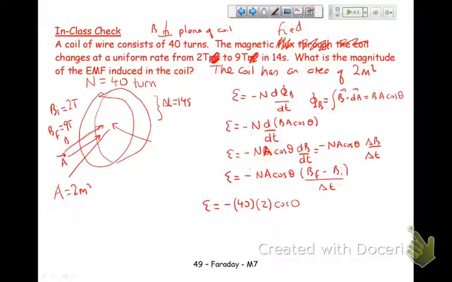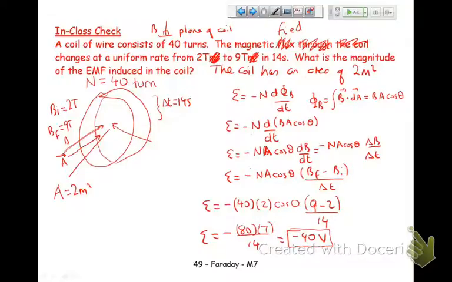And then B final would be 2, actually, isn't it? Oh, no, 9. Well done. 9 minus 2 over my time interval of 14 seconds. So E is going to equal minus 80 times 7 over 14, which equals basically minus 40 volts. I kind of made heavy work out of that, but it's quite doable.